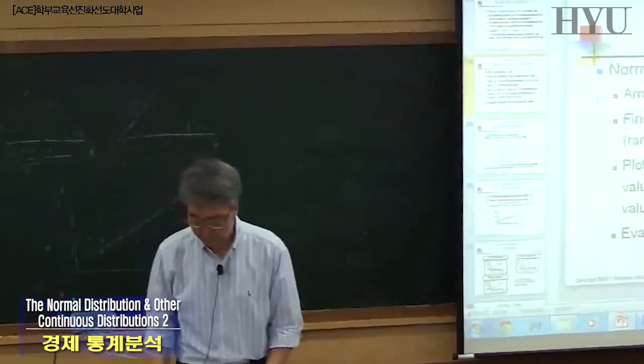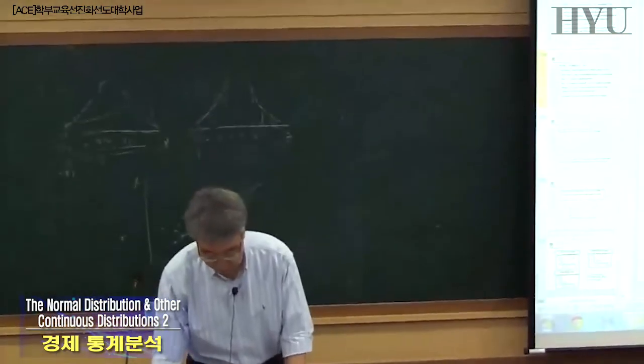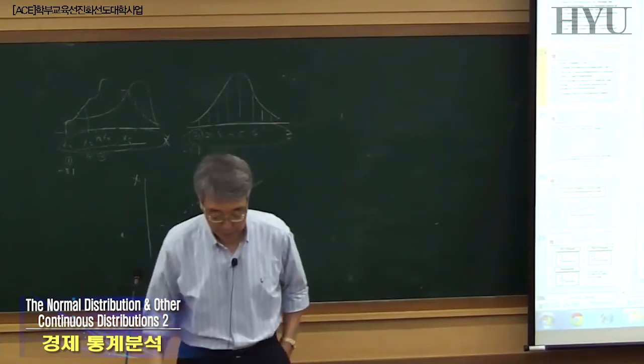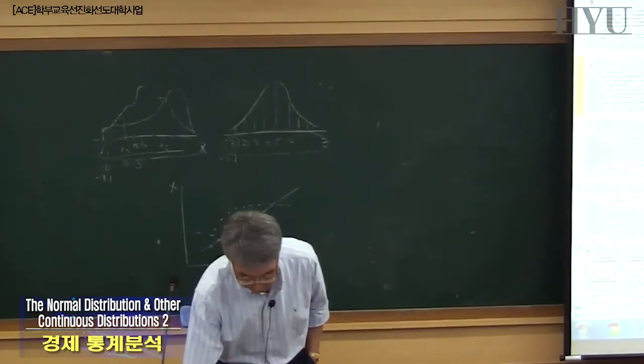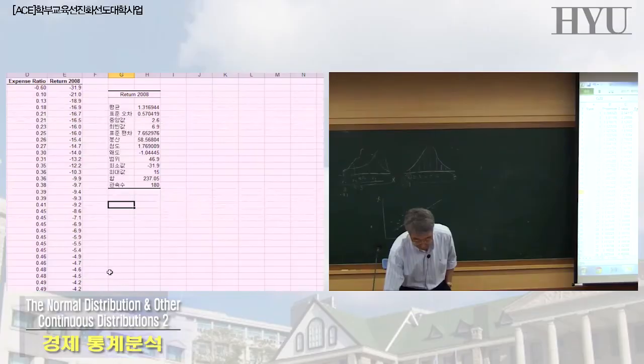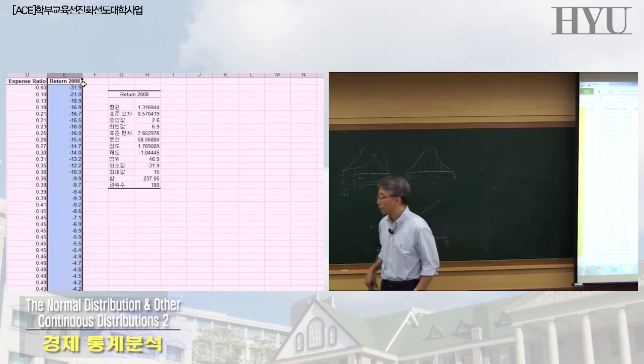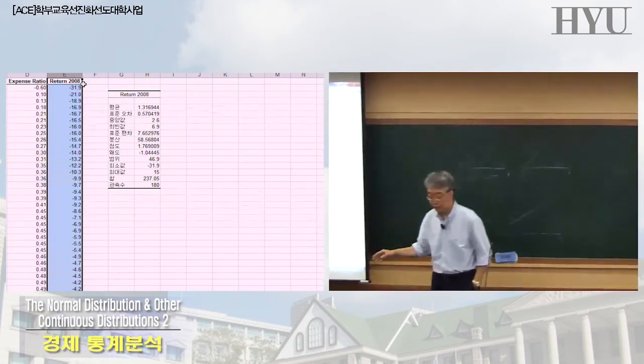Okay? So the way you do it in Excel is, first of all, you have to arrange the data into an ordered array. Let me open up this file. Okay. So I copied the return 2008 variable here. Okay? And as you see, they are sorted from the smallest number to the largest number. Okay?